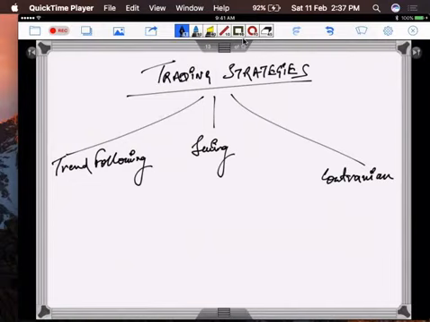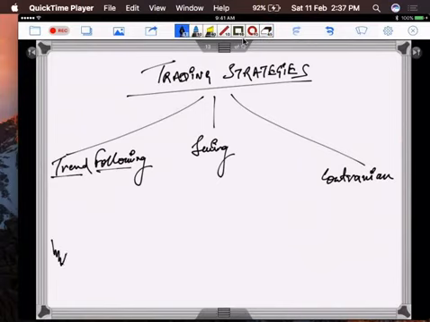Trend following: get a trend, follow the trend. Stock is on the move, is range bound, stock gives a breakout, you say it's an uptrend. Now you continue to hold it until and unless the trend ends. Follow the trend.